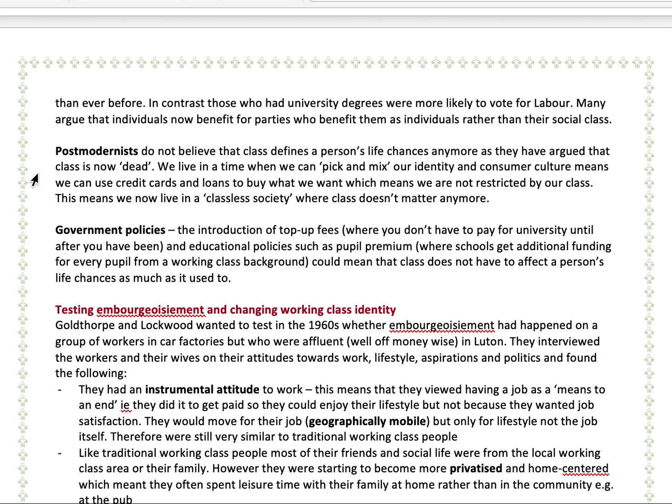Policies like pupil premium give additional funding if you are from a working class background. This basically levels out the situation, making it more accessible for all social class groups to go to university, so being working class won't impact your life chances.